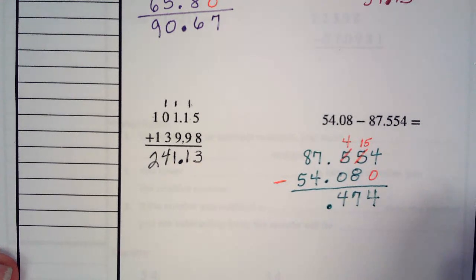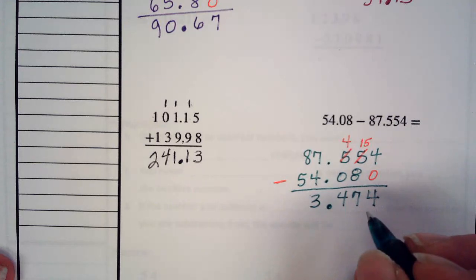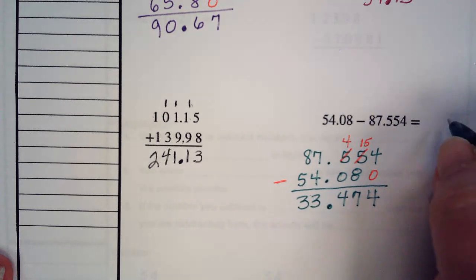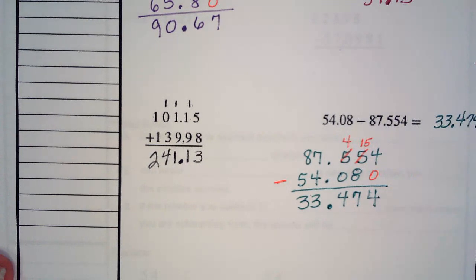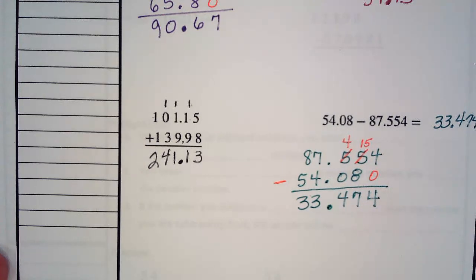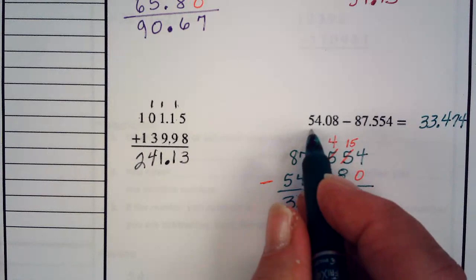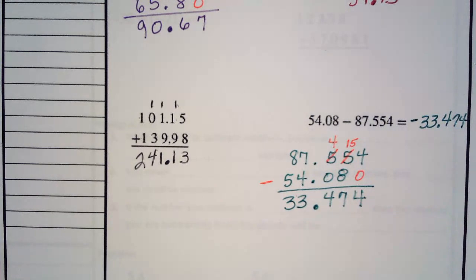Bring my decimal. 7 minus 4 is 3. 8 minus 5 is 3. So the answer is 33.474. Is it positive or negative? 87 is greater than 54, so this is our negative answer.